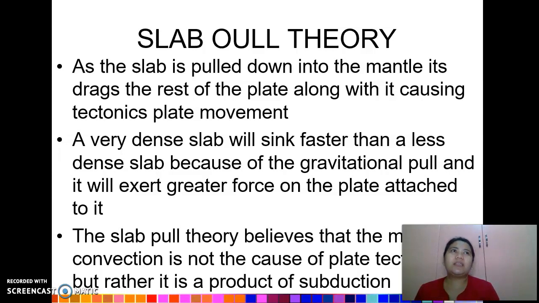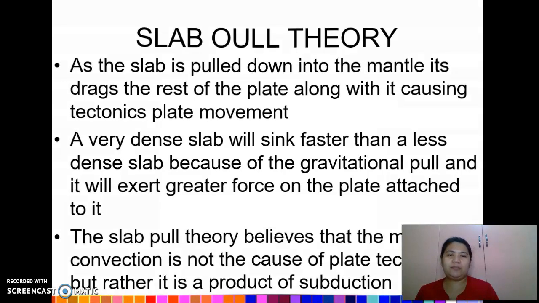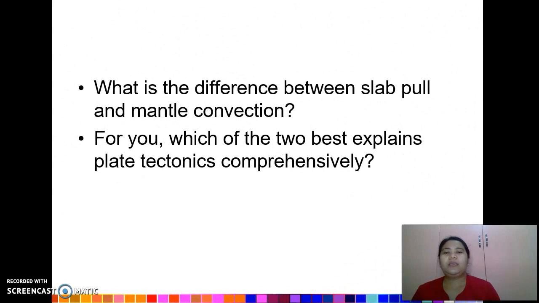Now, there is an area that is being pulled back and becomes part of the Earth's interior again. Along with it, it is not only the rocks that are being pulled. Likewise, it also pulls the continents and plates, even huge plates, along with it. What is the difference between slab pull and mantle convection? It's very easy.